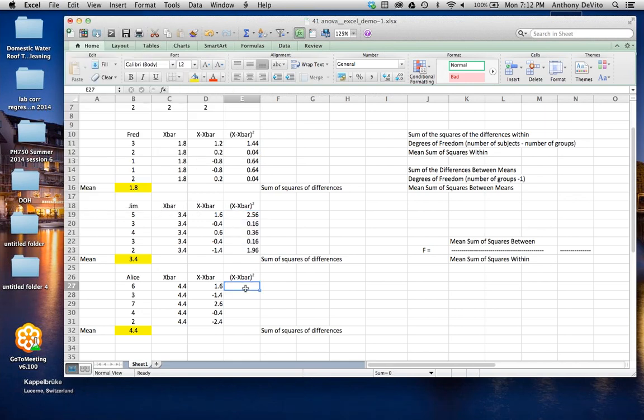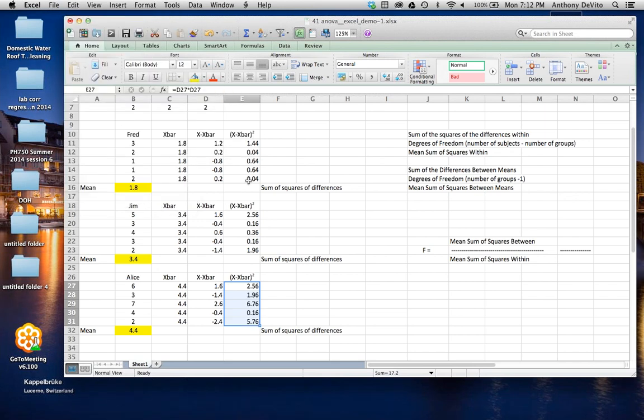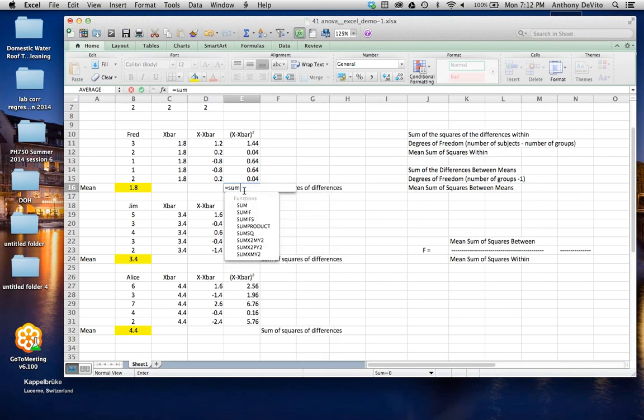And finally, I'm going to take this one, square each one of those differences, and copy that down. And then I'm going to take the total of all of these.